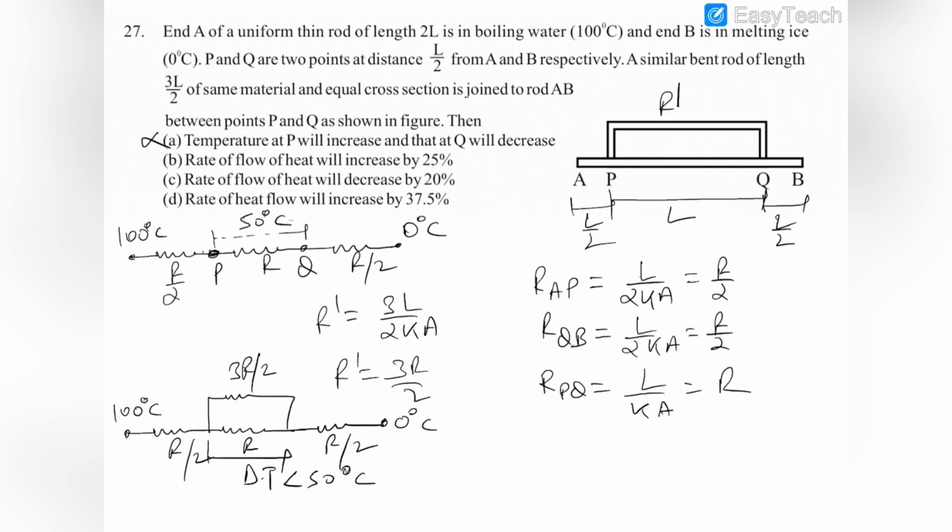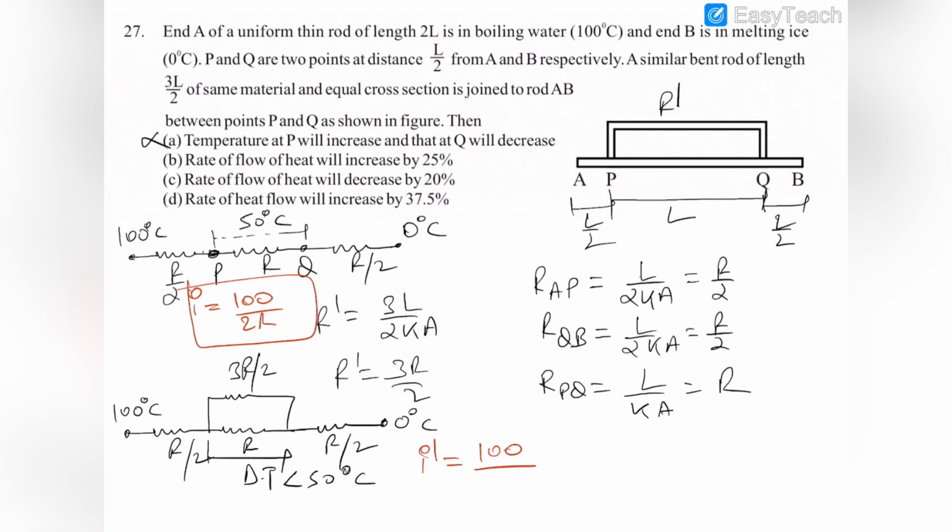Now the second option says that the rate of flow of heat will be increased by 25%. The rate of flow of heat is the thermal current. So let us write down the thermal current as 100 upon the equivalent resistance, which initially was 2R. Now the new thermal current would be 100 upon the new equivalent resistance. The equivalent of 3R by 2 and R in parallel would be 3R by 5, and 3R by 5 is in series with R by 2 and R by 2.